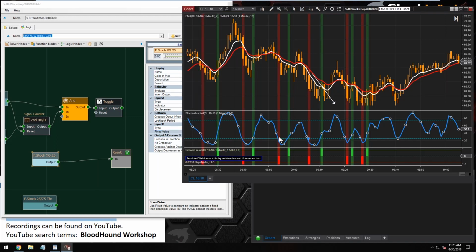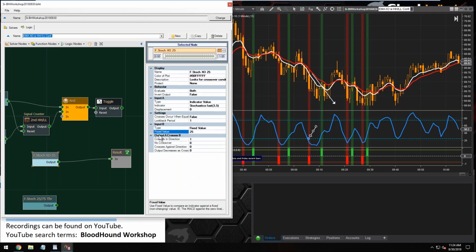But remember, we want, let me grab an arrow. So when that stochastic crosses down the 25, right, that's a long setup condition. So we don't want a short output, we want a long output. So to do that, we can go to our outputs and reverse our outputs here.